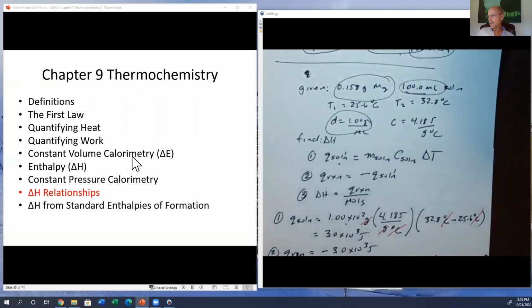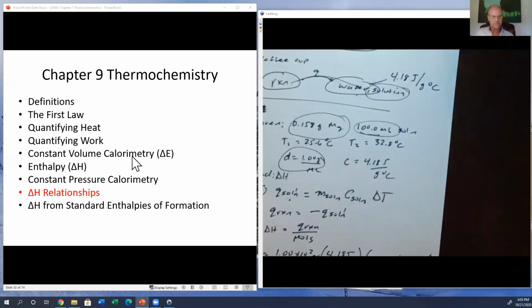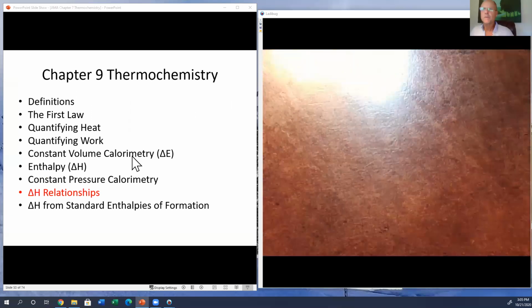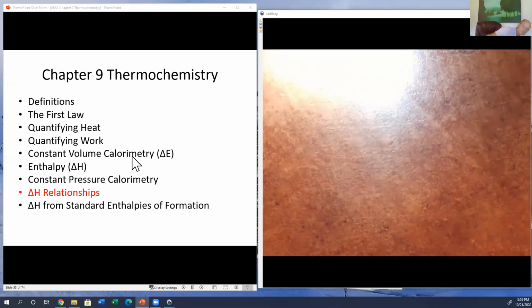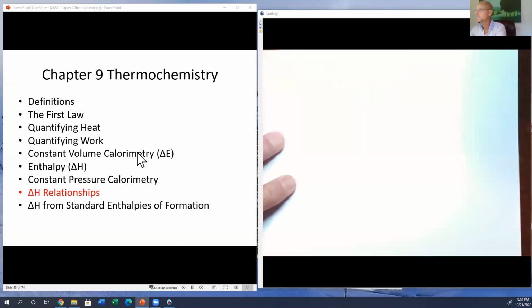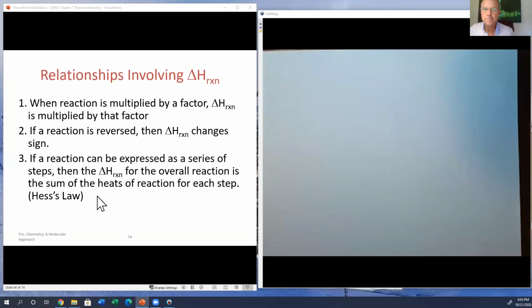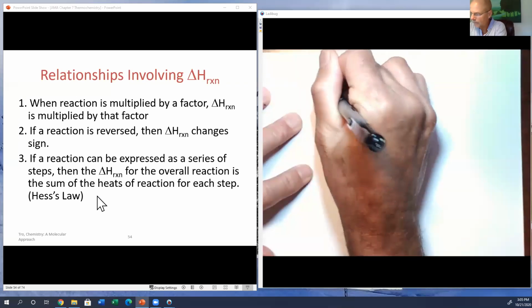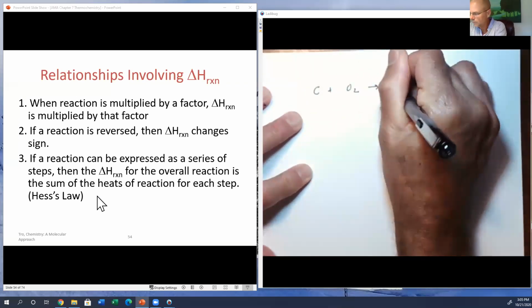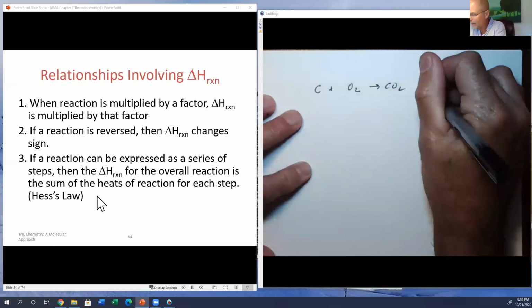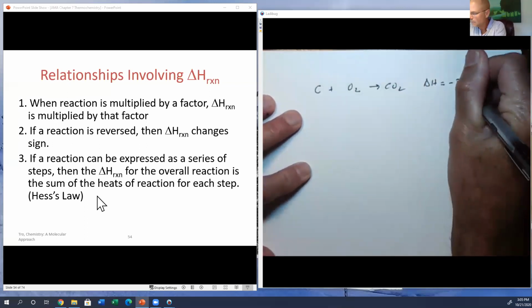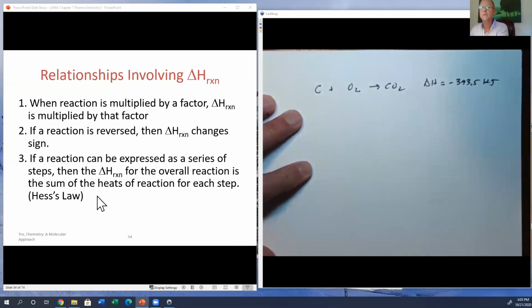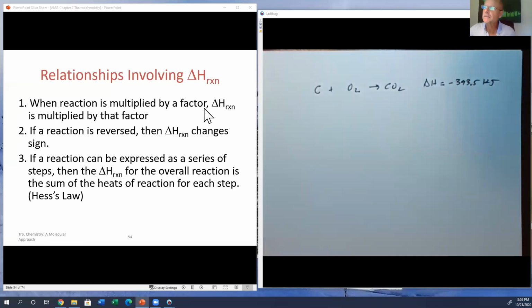All right. The last topic I want to talk about briefly is the relationships involving changes in enthalpy. If you have some reaction like C plus O2 goes to CO2, and you know delta H for that reaction, and you multiply it by some factor, then delta H is multiplied by that same factor.